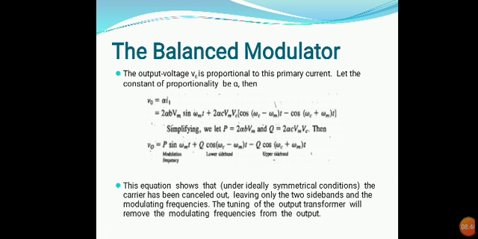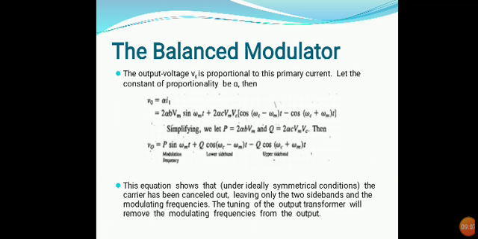Here you will see that the output equation VO has three terms. One is P sin ωm t, another is Q cos (ωc − ωm) t, and the third is Q cos (ωc + ωm) t. It is easy to understand that the first term is the modulating signal itself, whose frequency is very low.